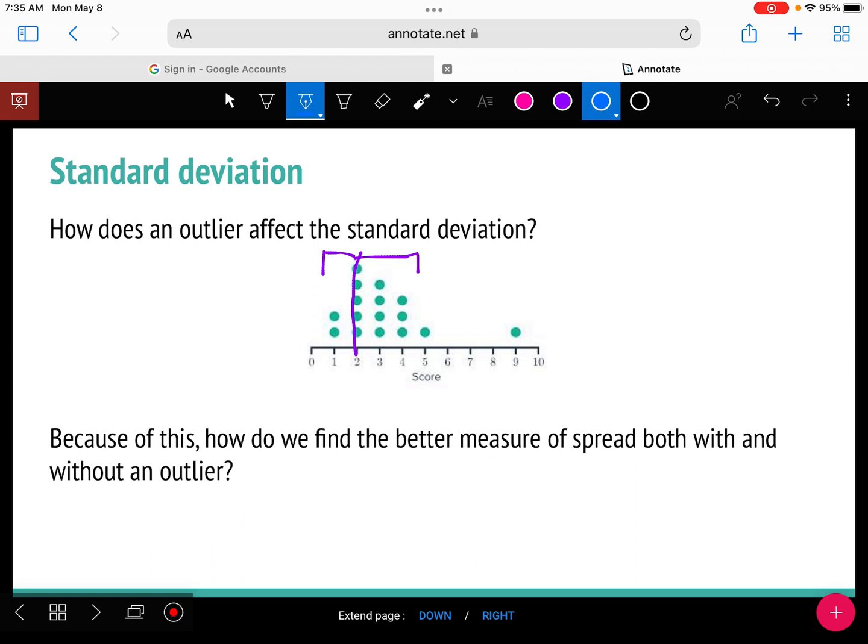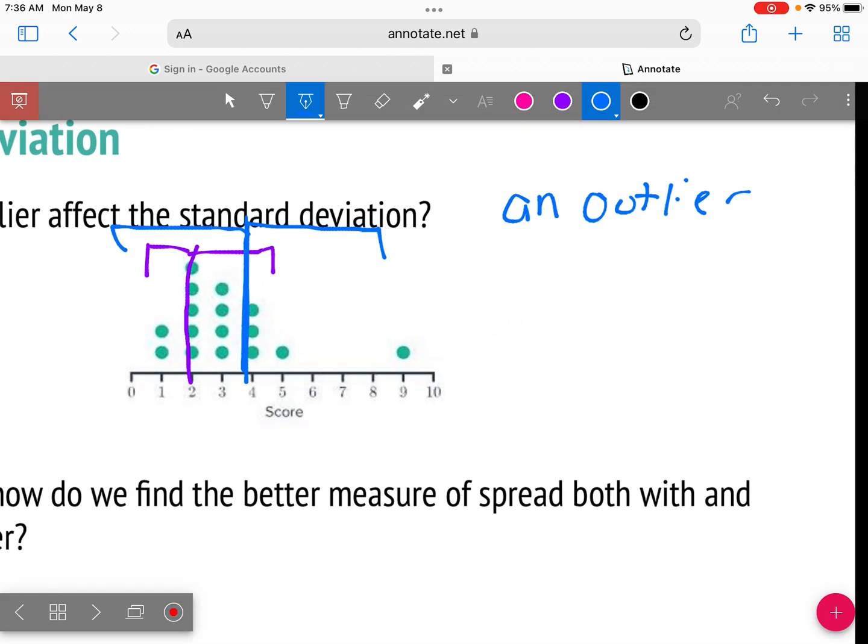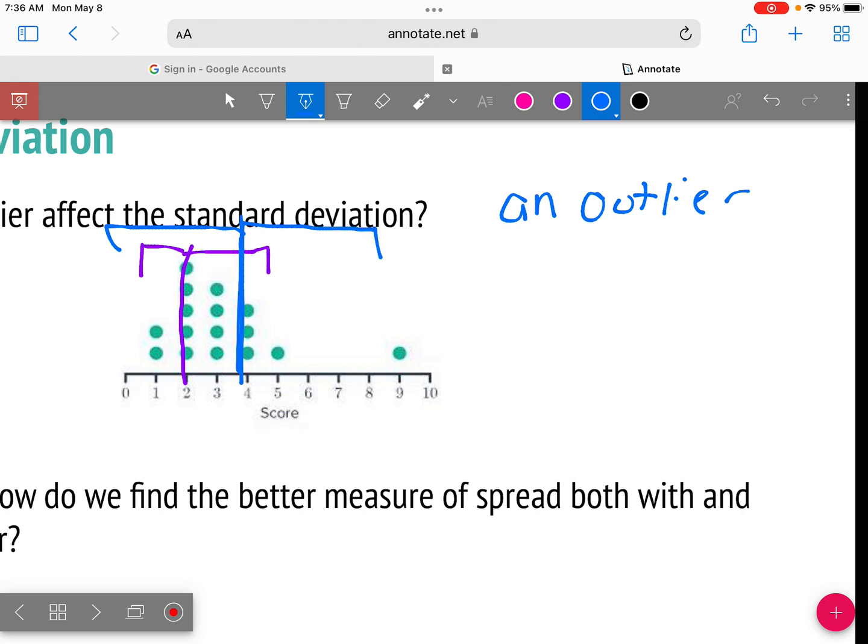When it does have that outlier, remember it pulls our mean over, so our mean's now going to be, let's hope, over here, and our standard deviation is going to go all wide like that. So the outlier falsely pulls our standard deviation out really wide.